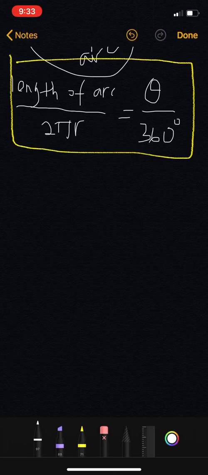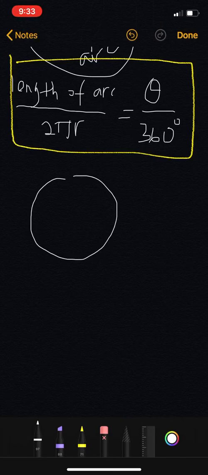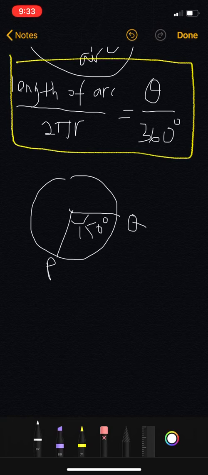My example is, let's say you have a circle and the angle here is 150 degrees. This is P, this is Q. The question gives you the radius is equal to 12.